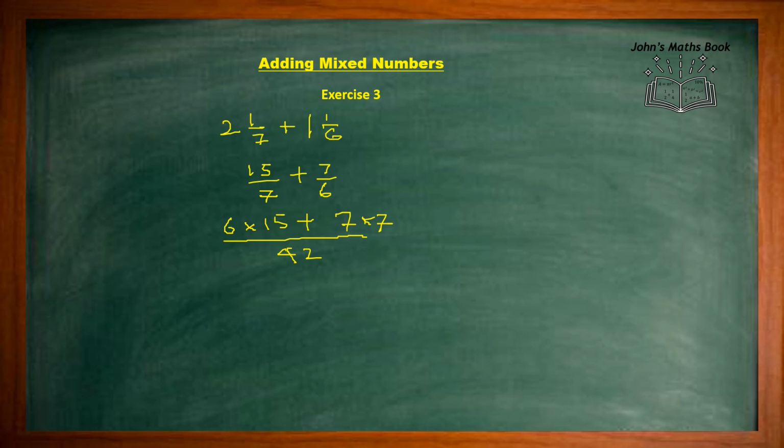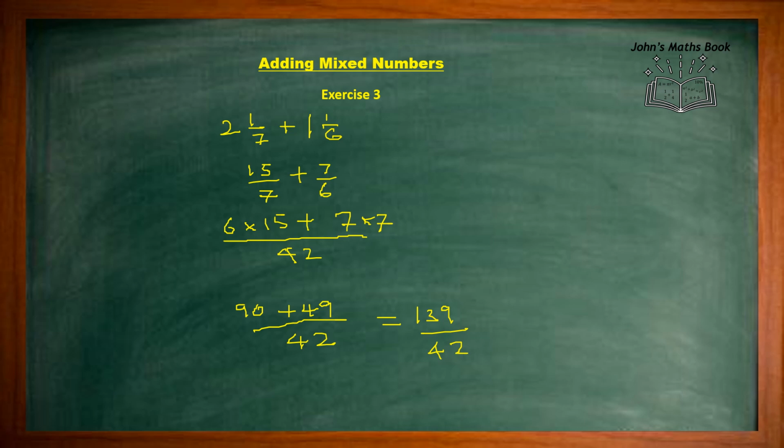So that gives 6 times 15 is 90, plus 7 times 7 is 49, divided by 42. So if we add 90 to 49, we get 139 divided by 42.